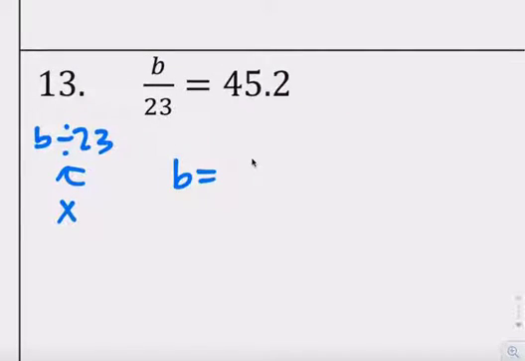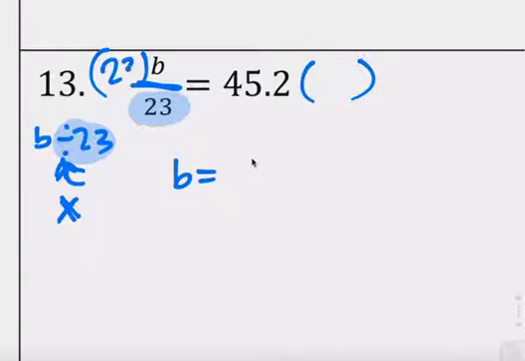This is b divided by 23, this is divide. The opposite of divide is multiply, so you multiply each side by this number, 23, because it's divided by 23.